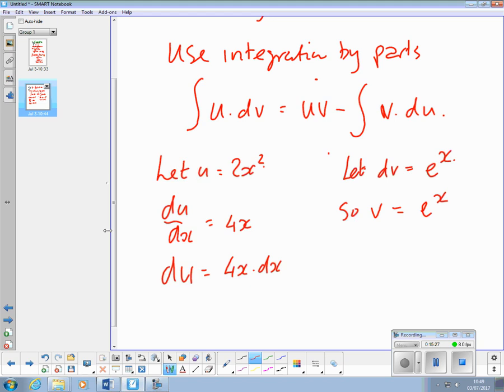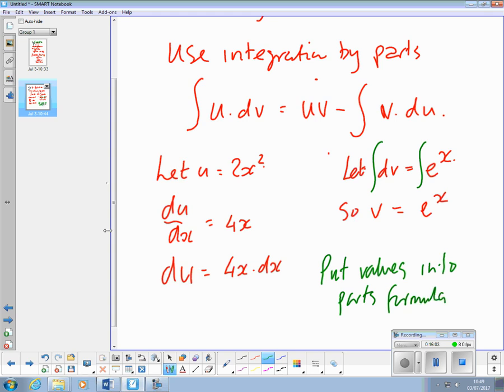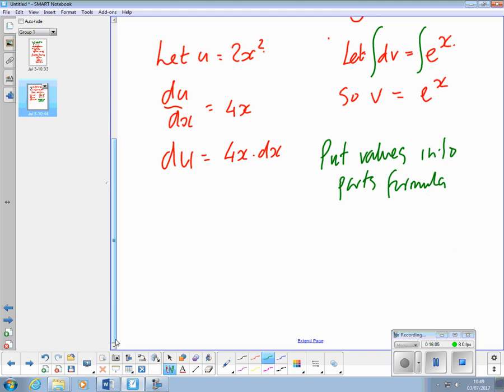Right? So what I've effectively done there is integrated both sides of that. Yeah? I've now got a value for u, a value for du, a value for v. Yeah? And I put them into the parts formula. So what I do is I say this.